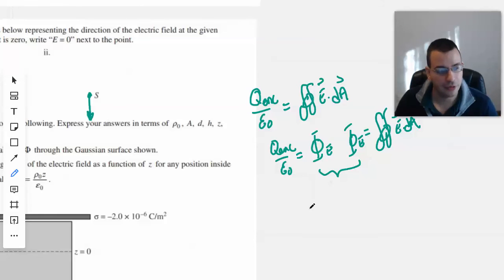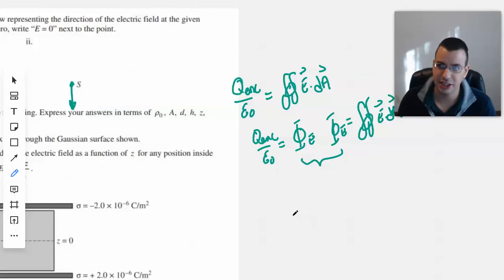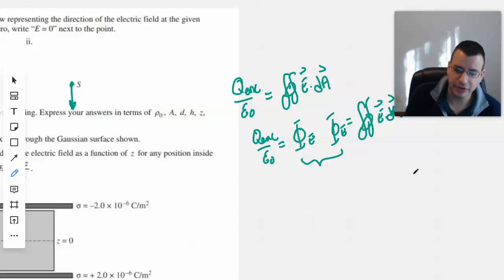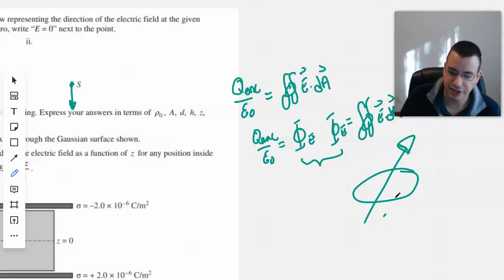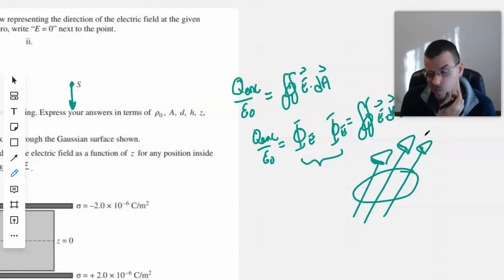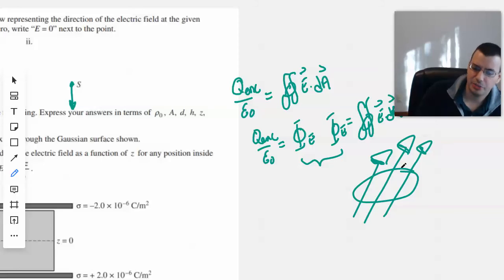Well, for those of you who don't know what flux is, if you're given an area, flux is the amount of, I assume, the vectors within that area and their dot product that goes through it.